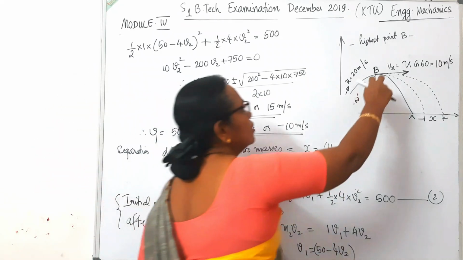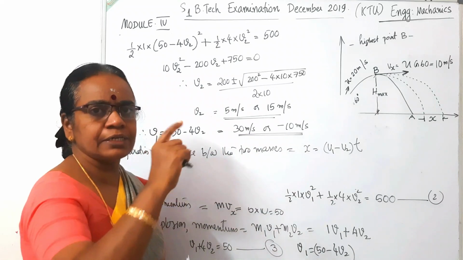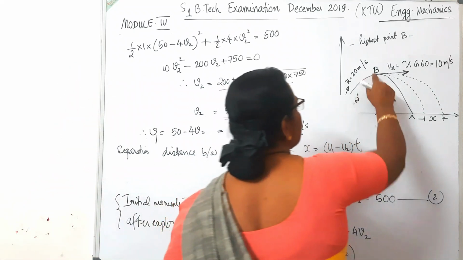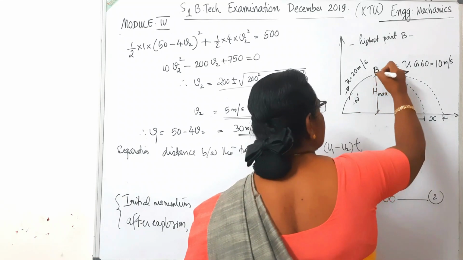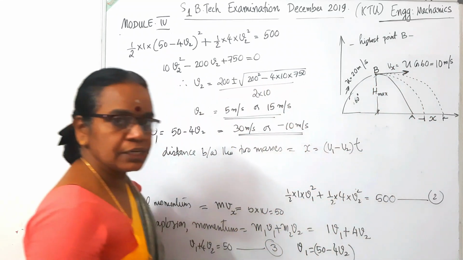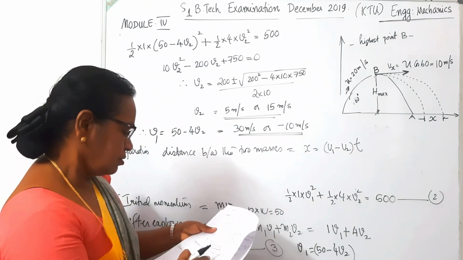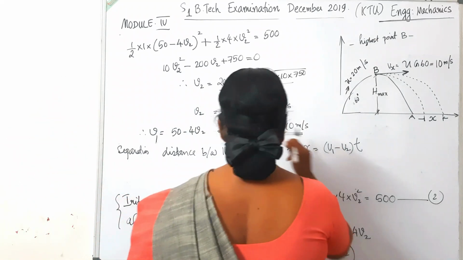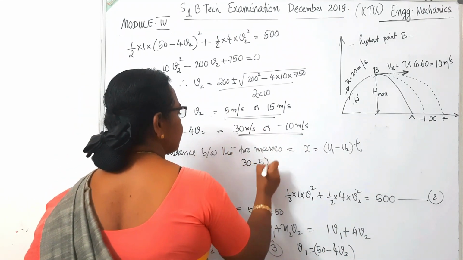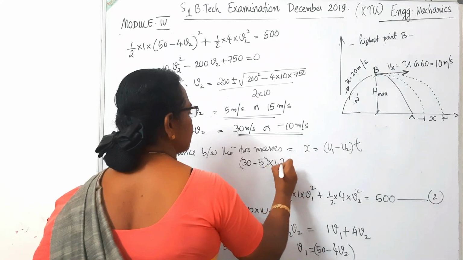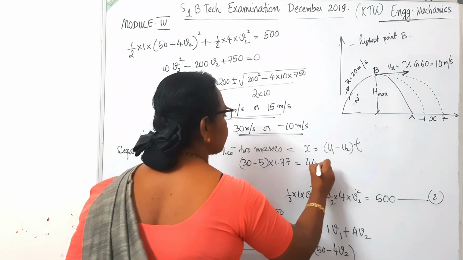How much time does it take? Initially we calculated the time taken to reach the maximum height, and that will be the same as the time taken to reach the ground. So the time taken is 1.77. Let us calculate it. If you use 30 and 5, it will be 30 minus 5 into 1.77, which gives the value 44.25 meter.